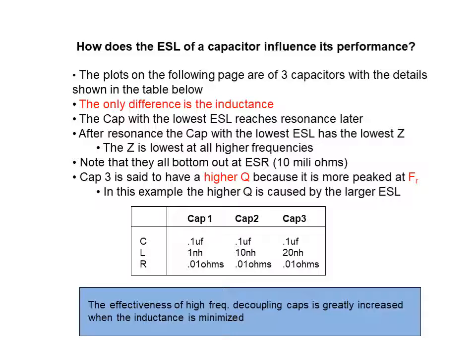Also note that the ESR, as stated earlier, is around 10 milliohms. By this plot, when you analyze, capacitor 3 is said to have a higher Q. Q is the quality factor that represents the efficiency of a given capacitor in terms of energy losses, and this happens because it is more peaked at the resonance frequency.